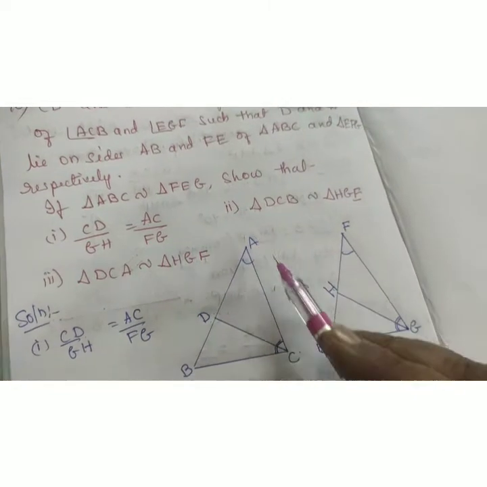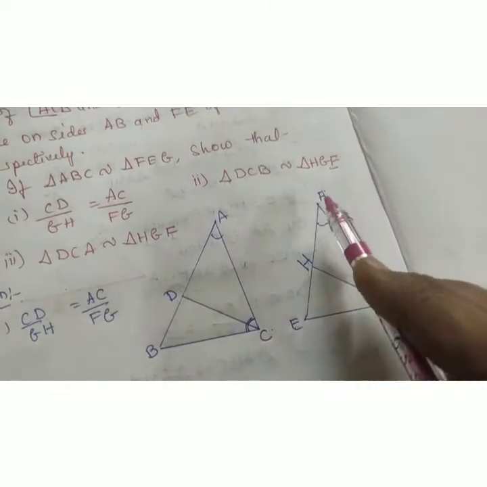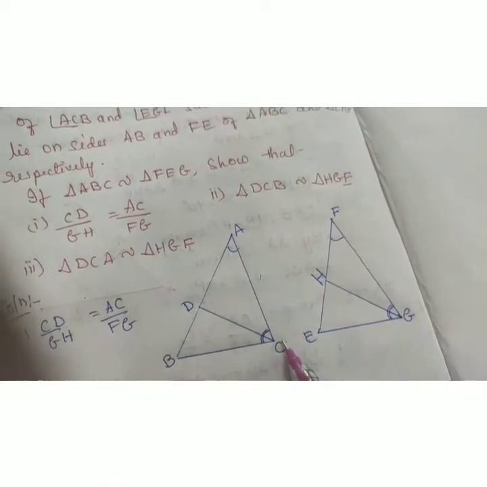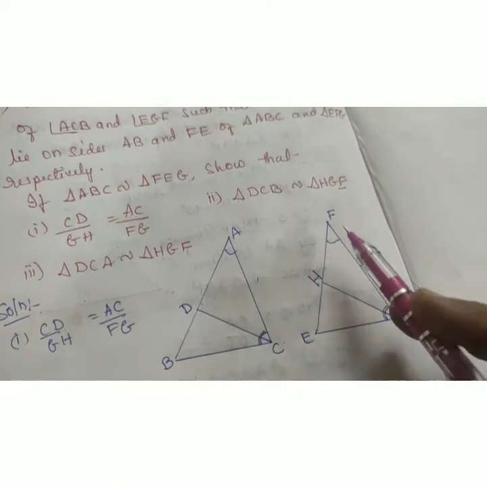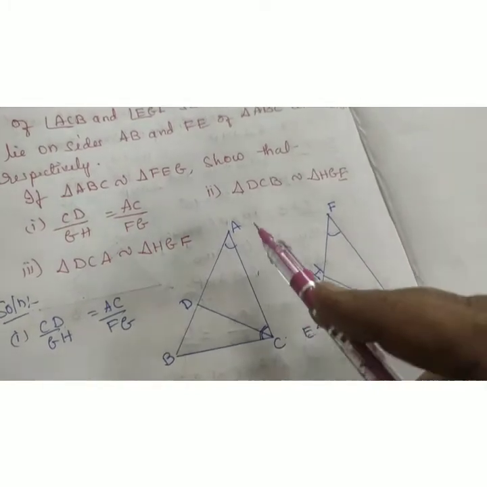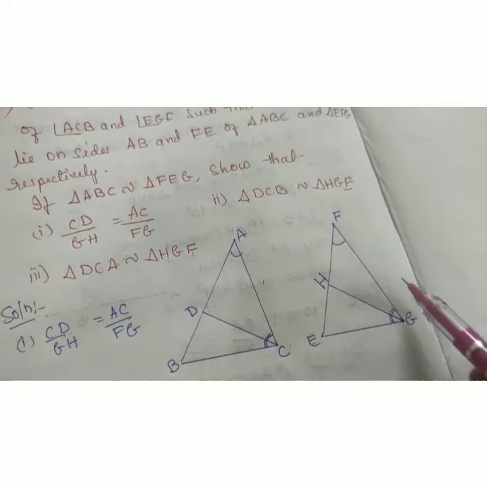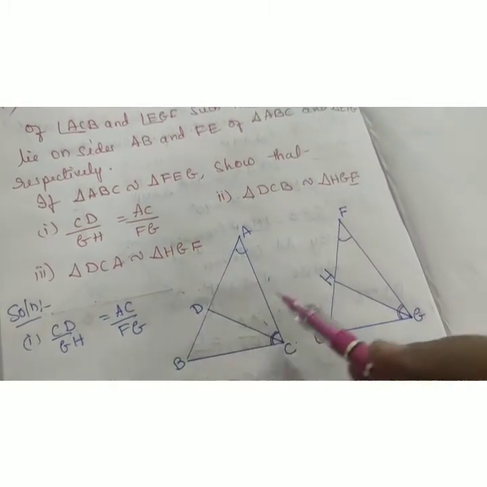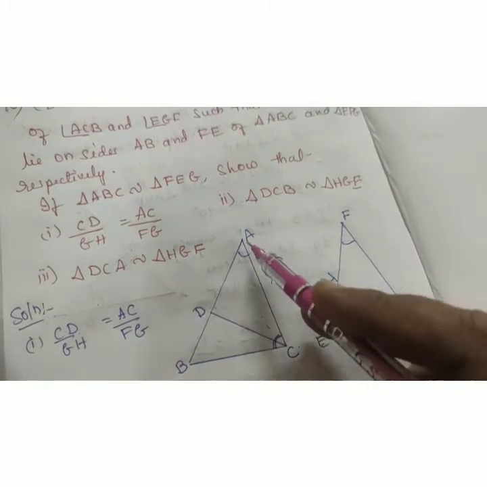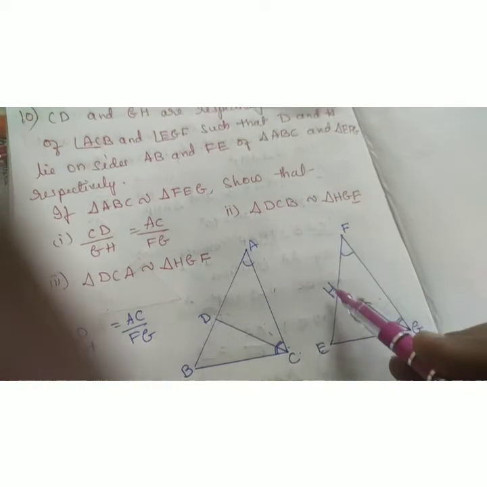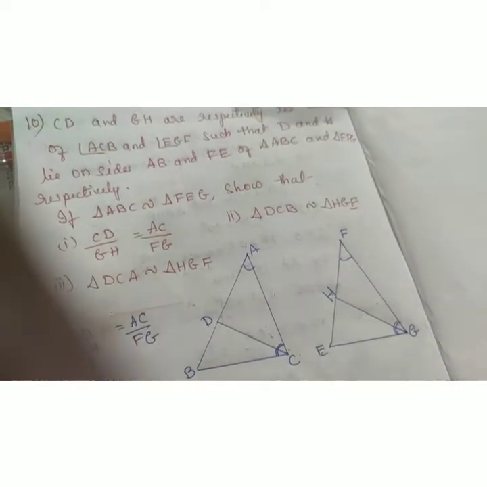And angle ACB will be equal to angle FGE. So half of angle ACB is equal to half of angle FGE. So half of those angles become angle ACD and angle FGH. So these two angles became equal. So by AA criterion I can write triangle ADC is similar to triangle FHG. Okay.